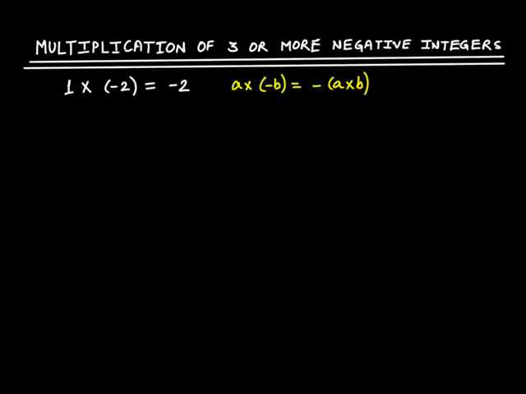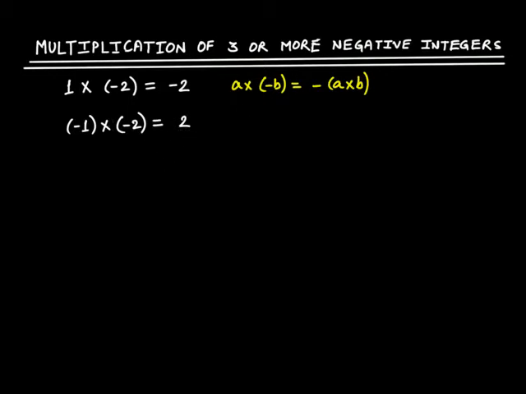Now what if you have two negative integers? Suppose you had -1 multiplied by -2. If you remember, we learned that if two negative integers are involved in multiplication, then the result will always be positive. So in this case you will have a positive result, and there's no need to write a plus sign, so it will be just 2.